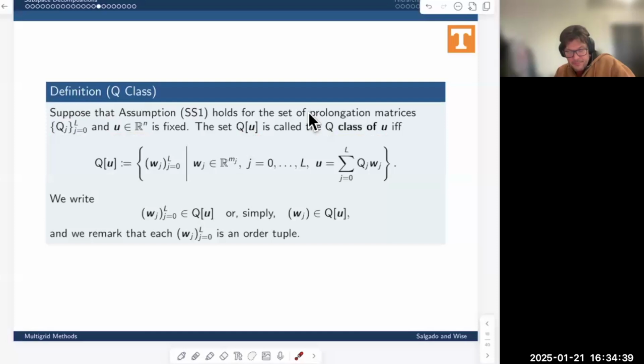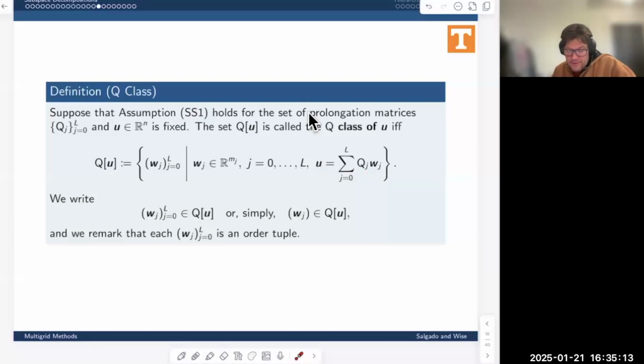Well, if I fix these prolongation matrices, and SS1 holds, and U is some fixed vector, I know that I can always find a collection of WJs so that I can reconstruct U. Okay, so that's what SS1 means. I can always find some WJs so that I can reconstruct U. Basically, this is like a coordinate representation for this guy using these matrices, kind of.